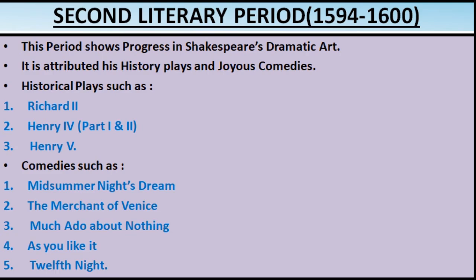Some historical plays are: first Richard II, second Henry IV, parts first and second, third Henry V. And there are some comedies: the first comedy was A Midsummer Night's Dream, The Merchant of Venice, Much Ado About Nothing, fourth As You Like It, and the last one Twelfth Night.